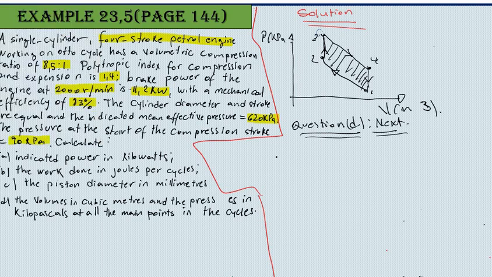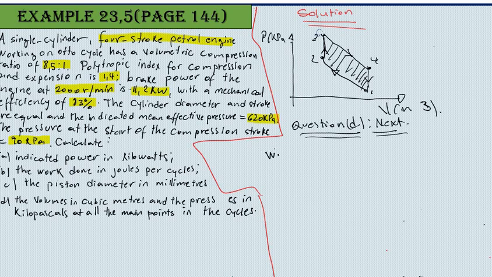So now how can we determine the volume 1 and the volume at 2? It's very simple. We can use the expression of the work done and the mean pressure.